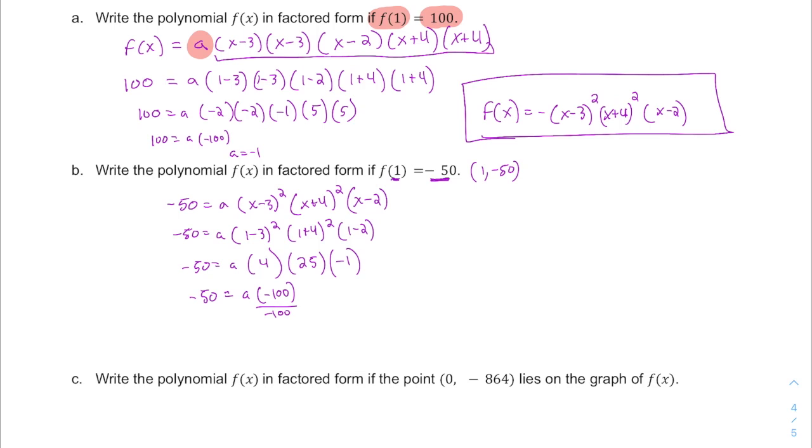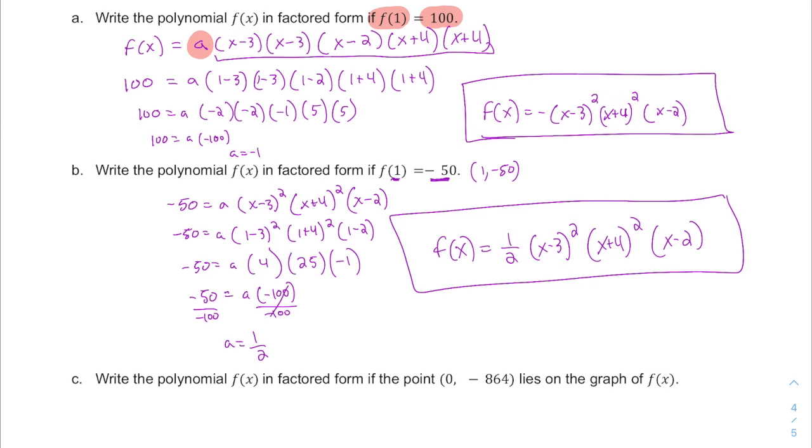We divide both sides by negative 100, and we simplify and we get a equals positive 1/2. So this function would have to be f of x equals 1/2 (x minus 3) squared, (x plus 4) squared, (x minus 2). So we account for our point that we go through, f of 1 equaling negative 50, with our a value out in front of our polynomial.